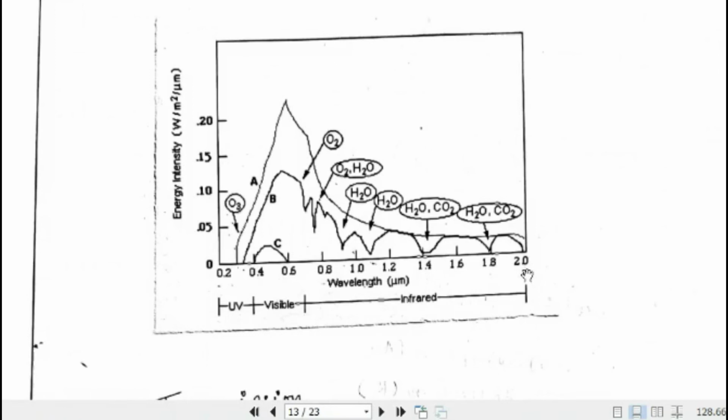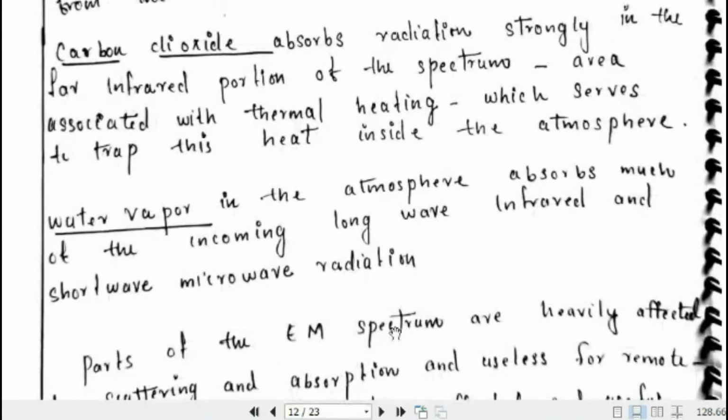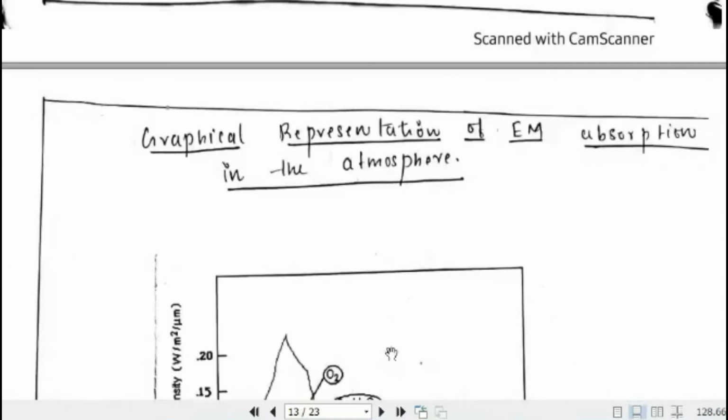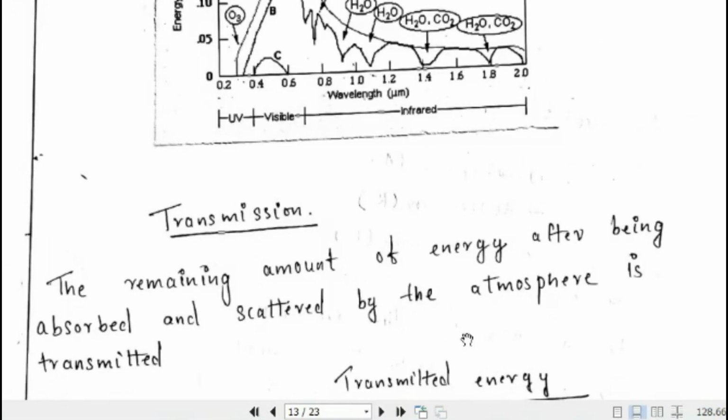This diagram is also very important along with the explanation of the absorption caused by the different components. This schematic diagram should also be shown, which will give more clarity about the absorption based on the wavelength of the light. Next one, transmission.